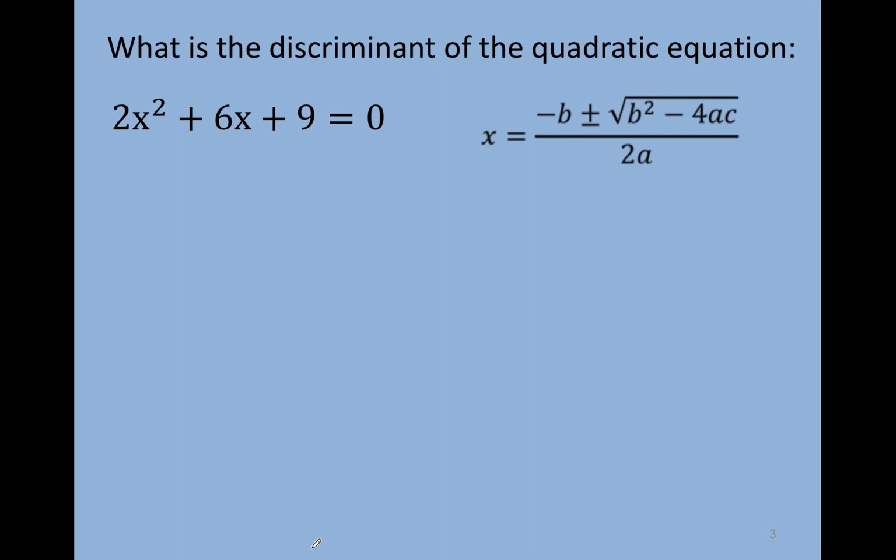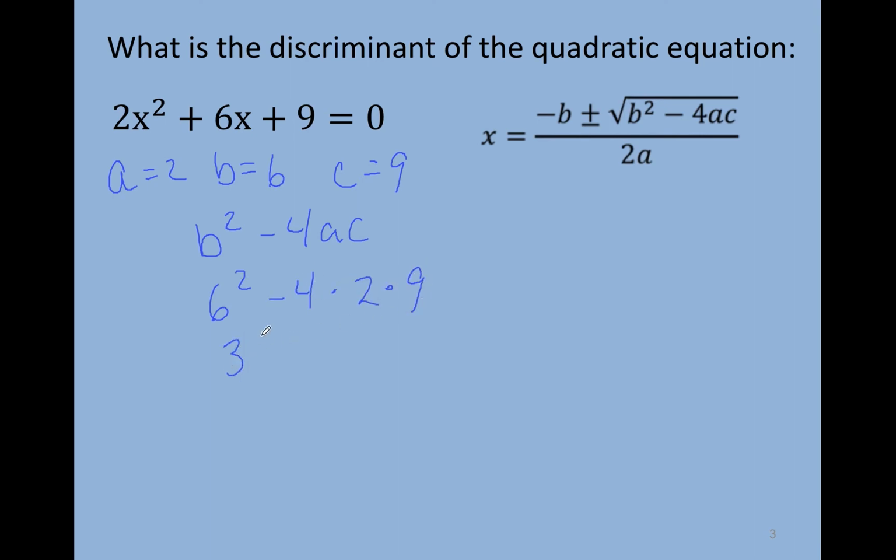Now let's try our discriminant again. A is equal to 2, B is equal to 6, C is equal to 9. So we're going to do b squared minus 4ac. So 6 squared minus 4 times 2 times 9.